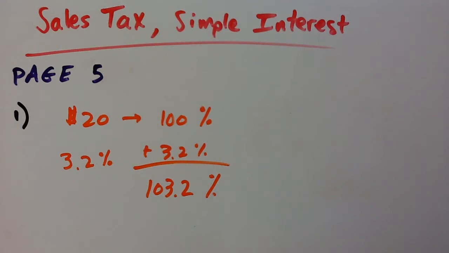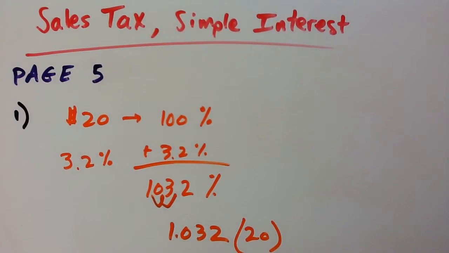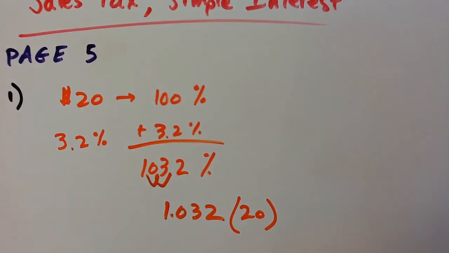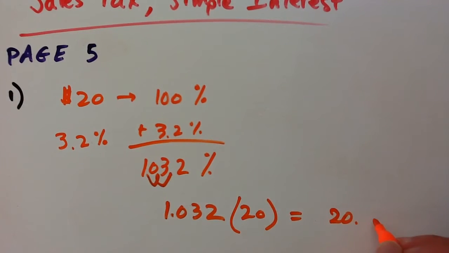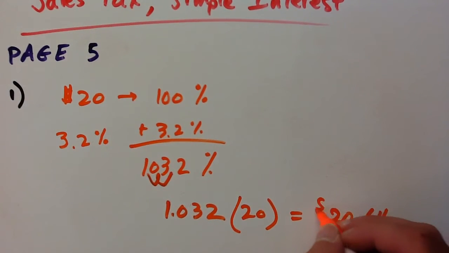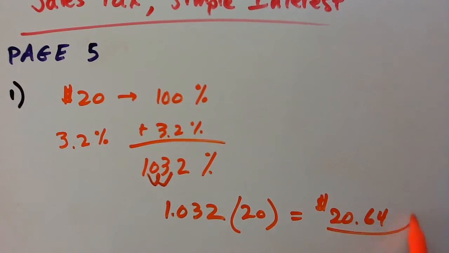To make the percentage a decimal, you would divide by 100 or move the decimal 2 places to the left. And so once you do that, you get your decimal as 1.032 of the cost, or times the cost, which is $20. And so once you put this into your calculator, you get 20.64. So it's $20.64. That's how much it costs in City A.